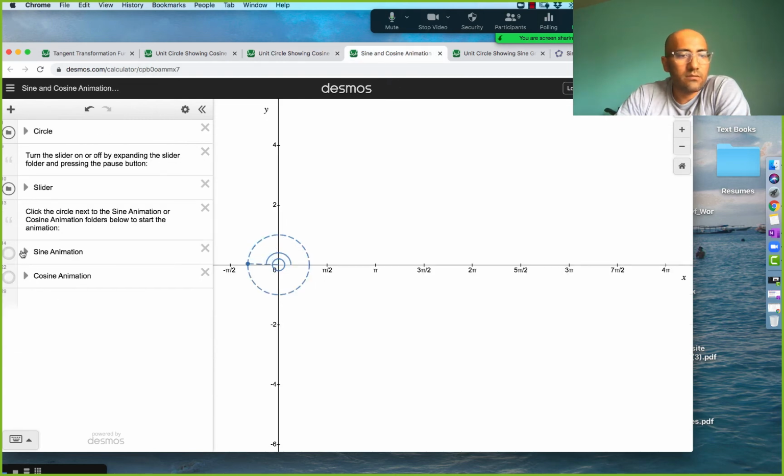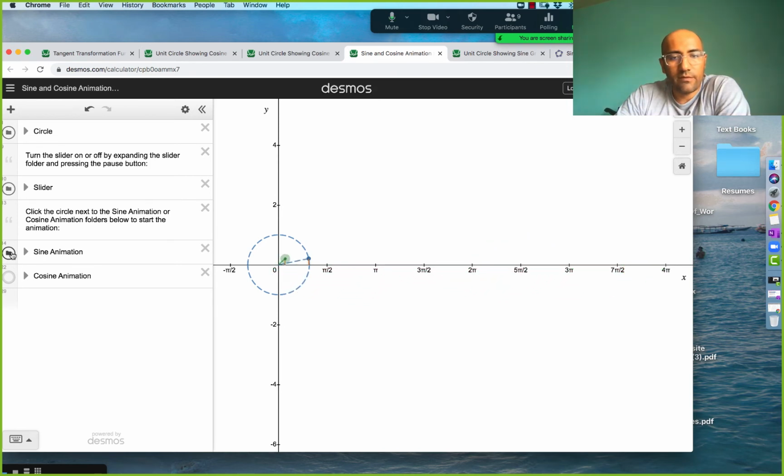What's this one? Animation? Oh. So same thing, it's keeping track of the x-coordinate. Or we can have the sine. So here we're keeping track of the y-coordinate.